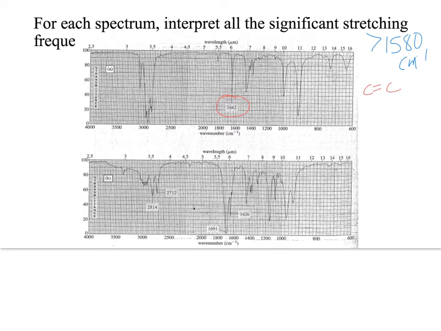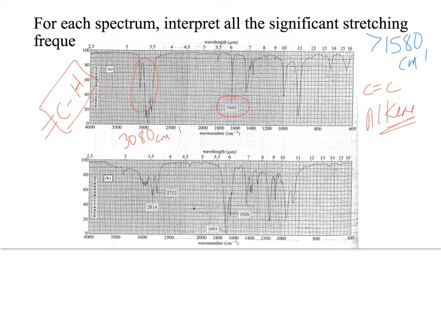And then the other one we would have is this about 3080 centimeters, and that would be this carbon hydrogen here coming off of an alkene. So this would be an alkene.